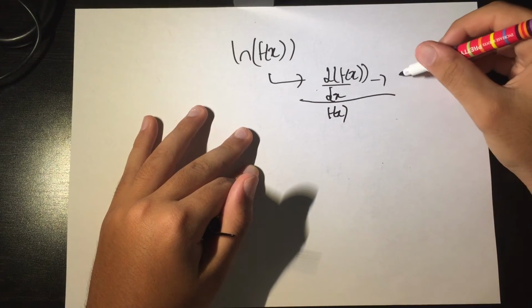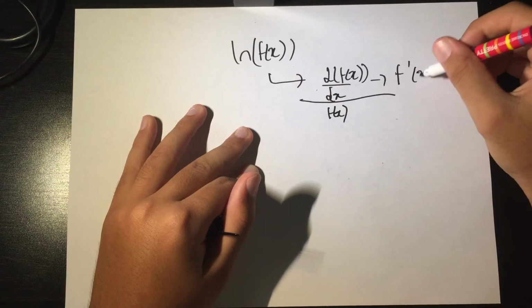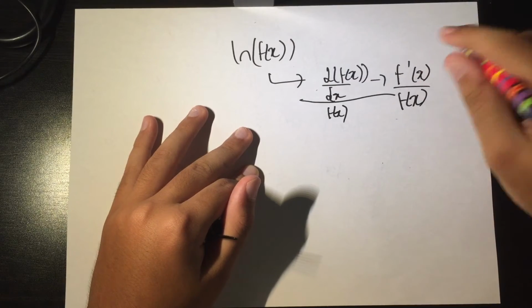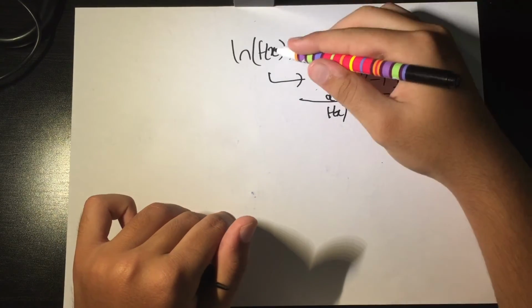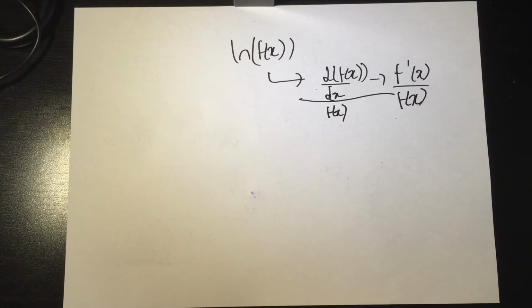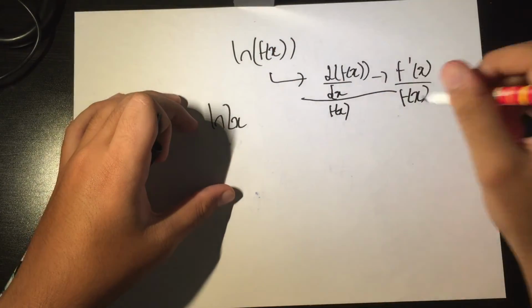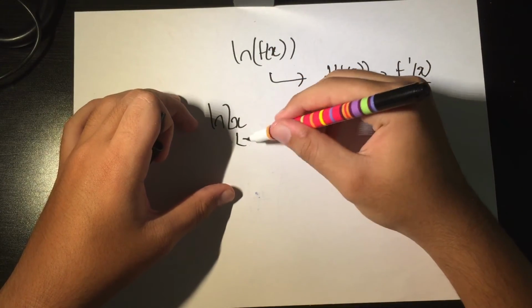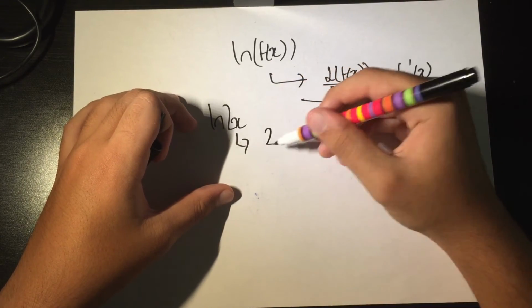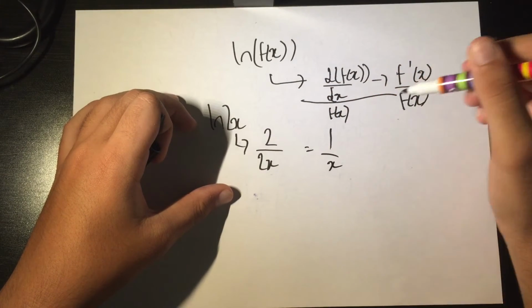Or if you want to use it in the prime notation, f prime of x over f of x, which is in this case much shorter. So the derivative of the function divided by the function, right? Yeah, pretty straightforward actually. So ln 2x, let's differentiate this. Derivative of 2x is 2 divided by the function, which is 2x, is equal to 1 over x.